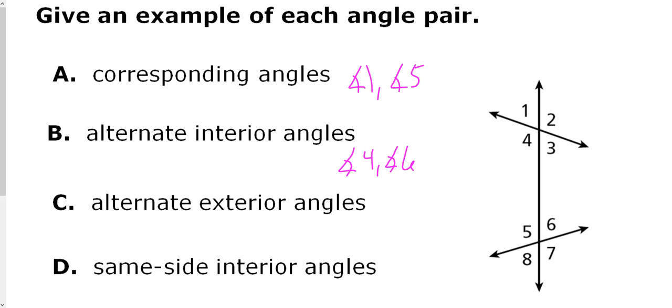Another possible answer would have been angle 3 and 5. Alternate exterior angles, one possible answer would have been angle 1 and angle 7, but if you said 2 and 8, that would also be correct. And then same side interior angles, one example would be 4 and 5, and another set would have been 3 and 6. Hopefully you got all 4 of those correct.